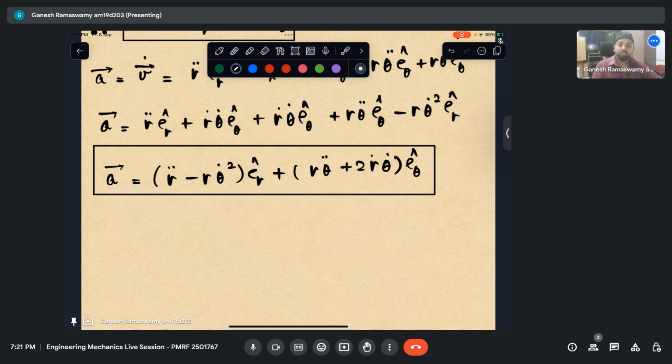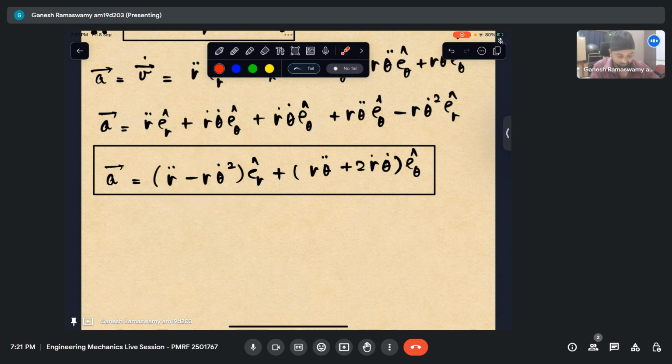Now we will later learn that this is actually the Coriolis component, which as we go about solving problems in rigid body kinematics, we will find that this is nothing but the Coriolis component. This happens when there is radial acceleration. This is nothing but our centripetal acceleration, and this is our alpha r.